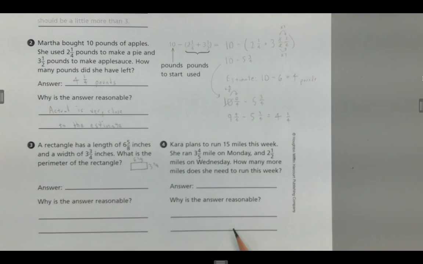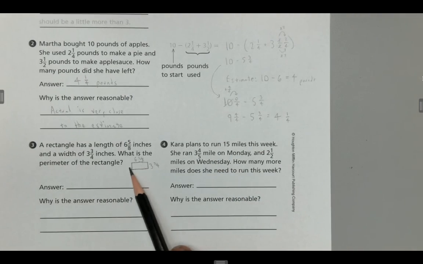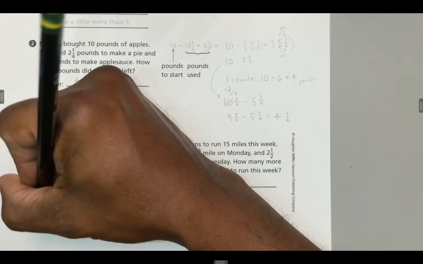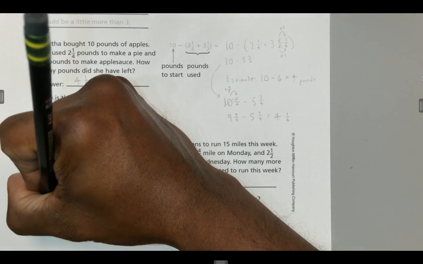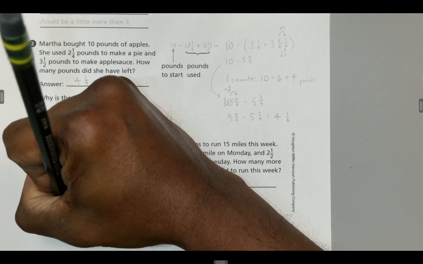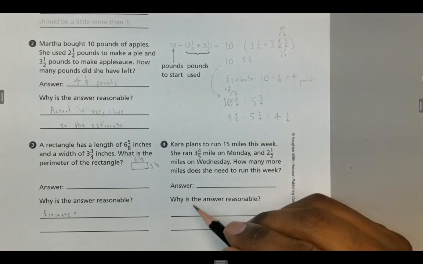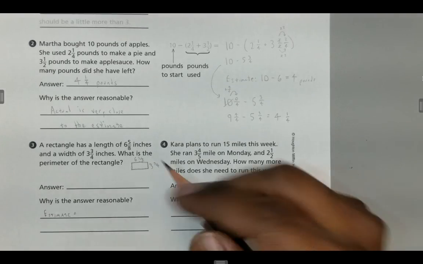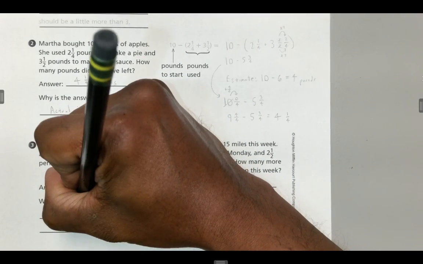Okay, so we're being asked to total up these 4 sides. Let's come up with our estimate first. Our estimate is going to be, well, 6 5/8 is close to 6 1/2. I'm going to round that down.